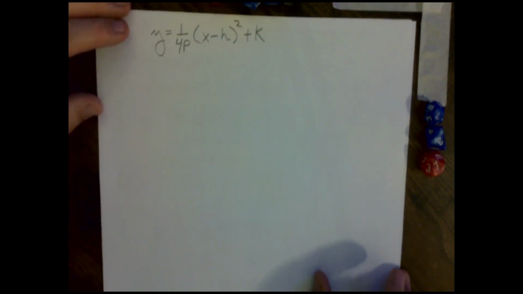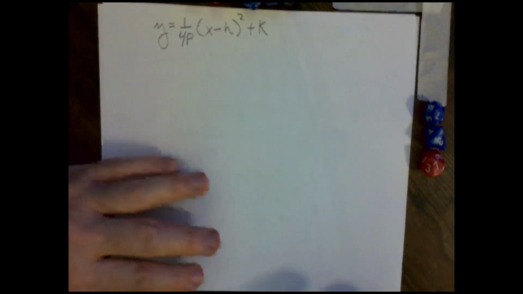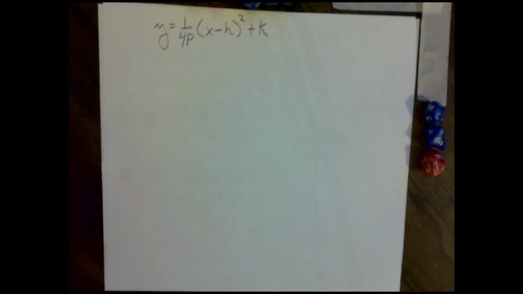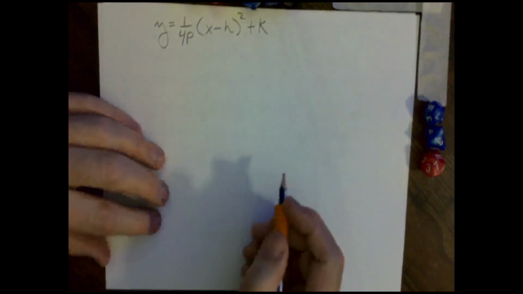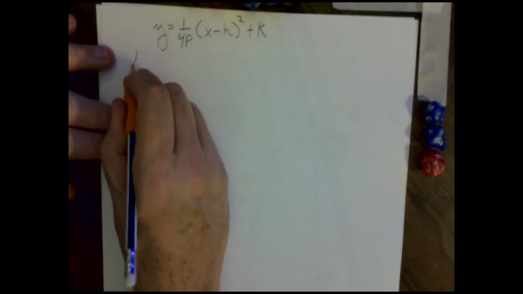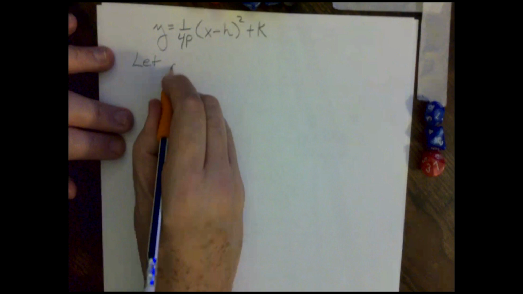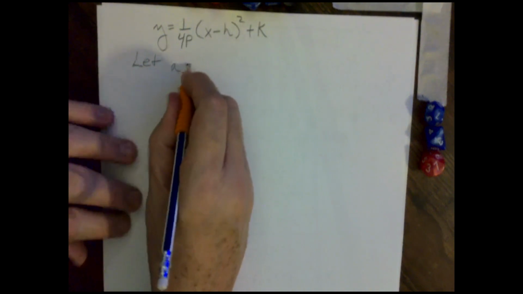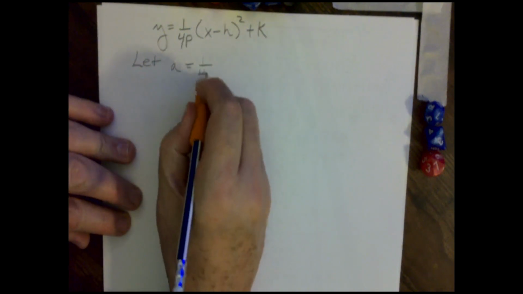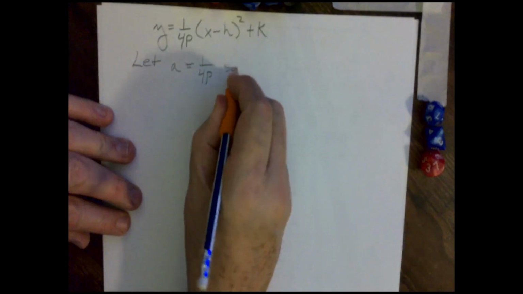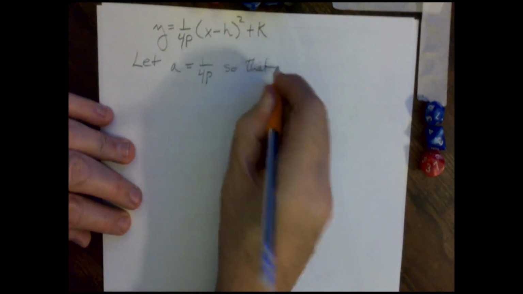That's what we're starting with here. So this is the general equation we found. So now let a equal 1 over 4p.